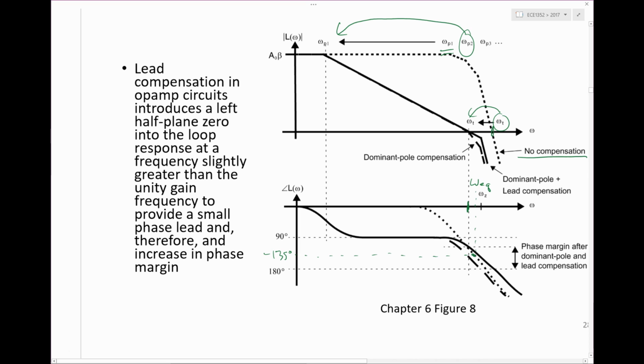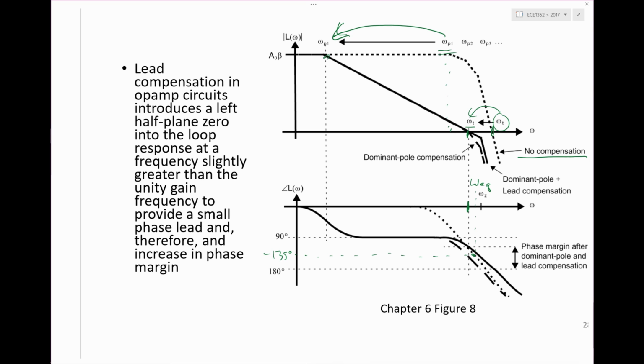I think that's a better way to say it. So it's natural that you would take whichever pole is already the lowest and just knock it down by introducing a capacitor somewhere in a clever place. So that's how dominant pole compensation is performed. You find that dominant pole, knock it down so that omega T shifts over to its desired value. And that gives you the phase margin you're after.